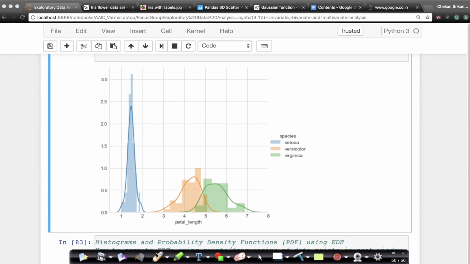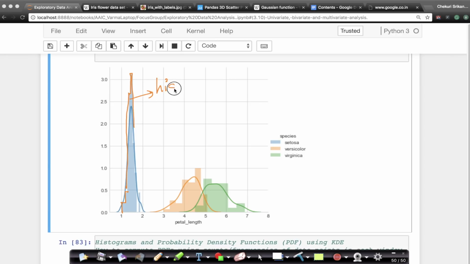So let's go and understand this now. Of course, my blue is setosa, my orange is versicolor, green is virginica. As soon as you see this, the tower-like structure that I just drew a while ago is exactly what you're seeing in this light blue shade. So this is called a histogram.